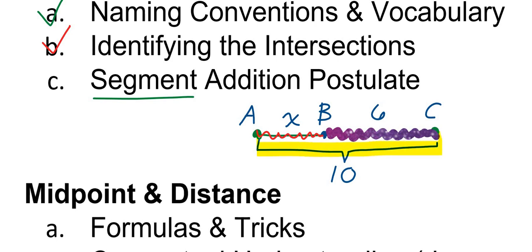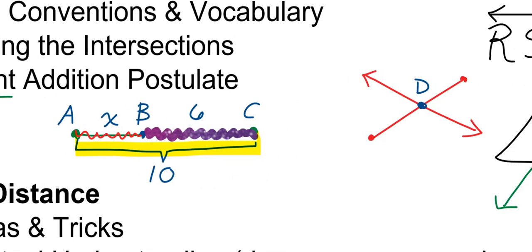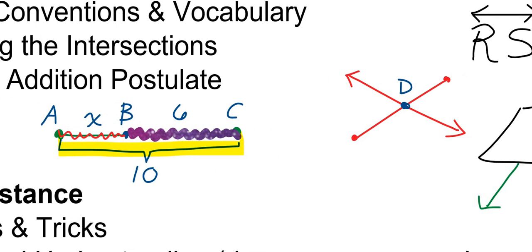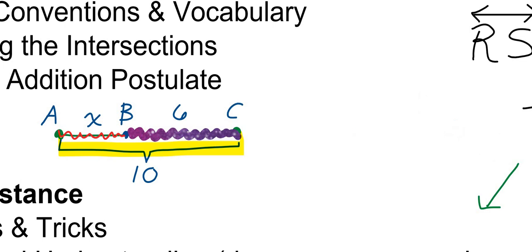So in this example, I would set up an equation that says this. Okay, the left piece from A to B, that's AB, plus the right piece, which is BC, would give me the entire thing.